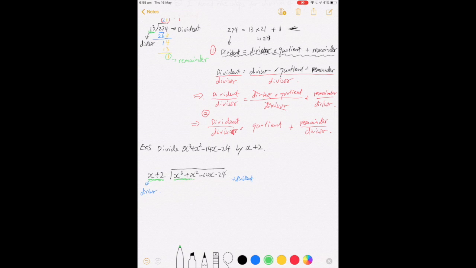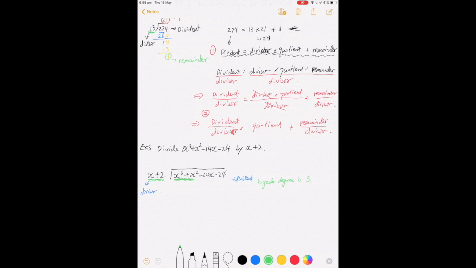This part over here in our dividend, that first two terms, the highest degree is 3, because x to the cube, the highest power you got is cube.